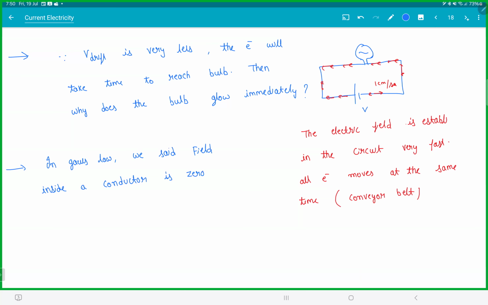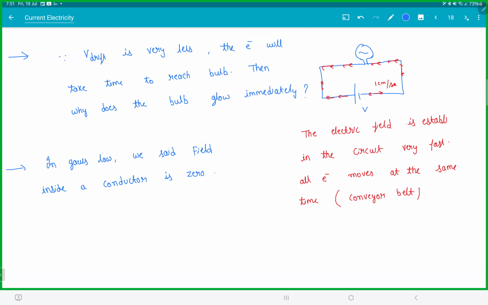Here there's a field inside the conductor which is moving the electrons. What's the catch? Anyone?